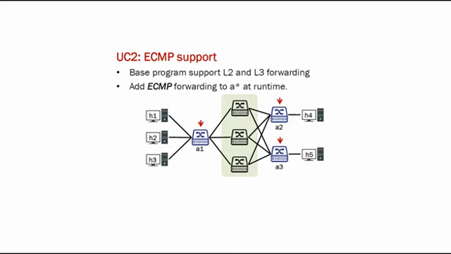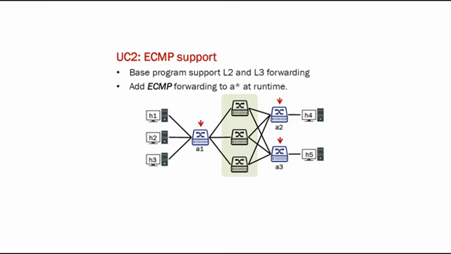The second use case is, the base program supports level 2 and level 3 forwarding, and H1, H2, H3 can access H4 and H5 only via the top path. And now we want to add ECMP function to switch A1, A2 and A3, to guide packets to the other 2 middle switches.